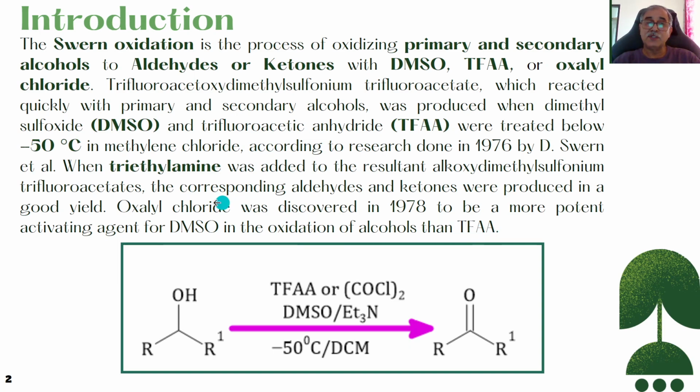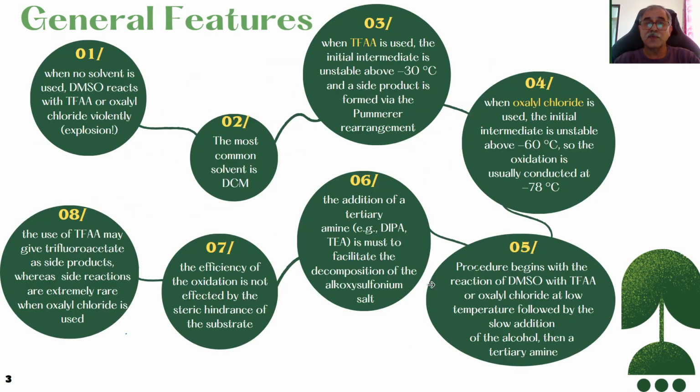So with oxalyl chloride, there were only few side reactions, whereas with TFAA, Pummerer rearrangement products were also formed if the temperature of the reaction goes above minus 50 degrees centigrade. These are the general features of Swern oxidation.